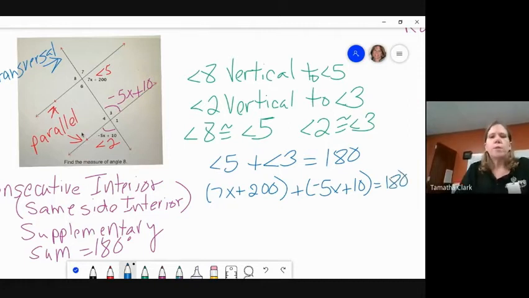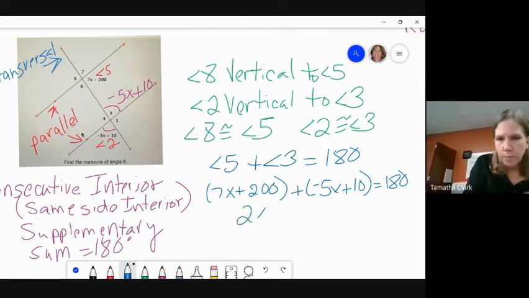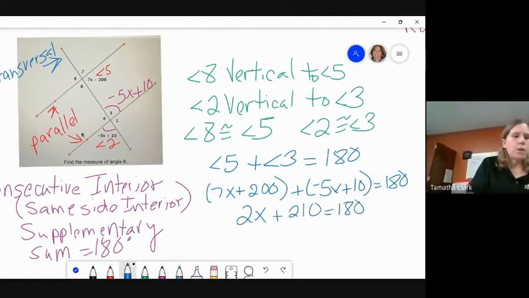So 7x minus the 5x, and then we get 210 equal to the 180. So 180 now minus the 210.